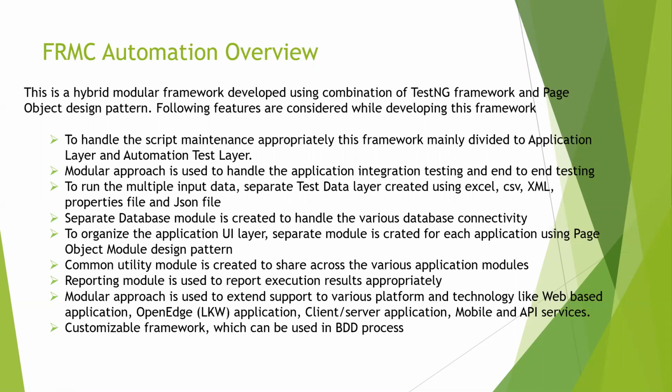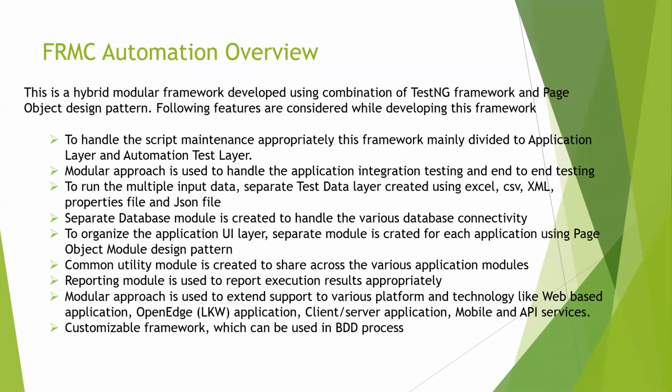So we are divided into two layers. When you say the application layer, that is nothing but our page object model. Do you guys know POM, page object model? Yeah, I have an idea a little bit. Go ahead.